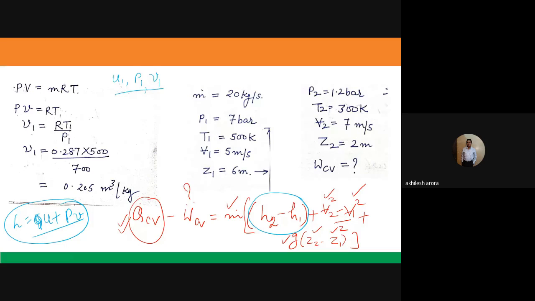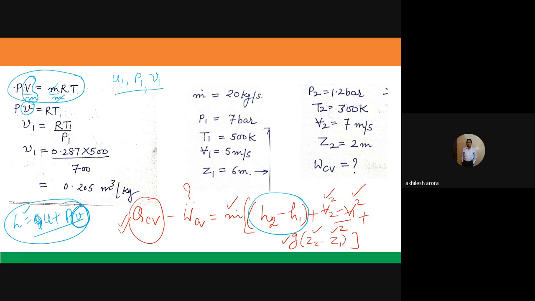So first of all, what I will do, because air can be considered as a perfect gas, I can use this particular equation: pV is equal to mRT. If I divide both sides by m, m and m cancel out, and V by m becomes specific volume. So I am writing it as specific volume, and in this expression for h, this is specific volume.